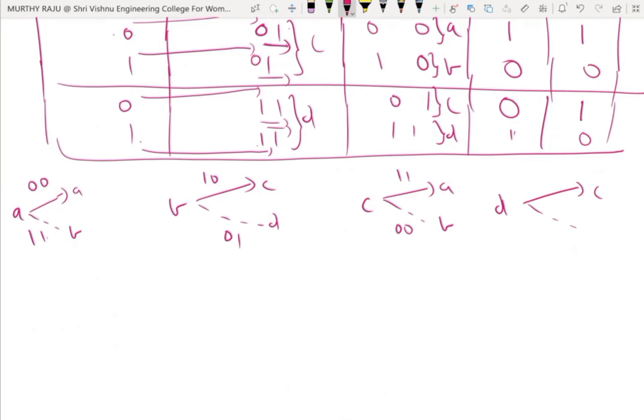D to C, D to D, 0, 1, 1, 0, 1. 1 exclusive OR with... 0 XOR with 1 is 1, 1 XOR with 1 is 0, 0 XOR with 1 is 1.